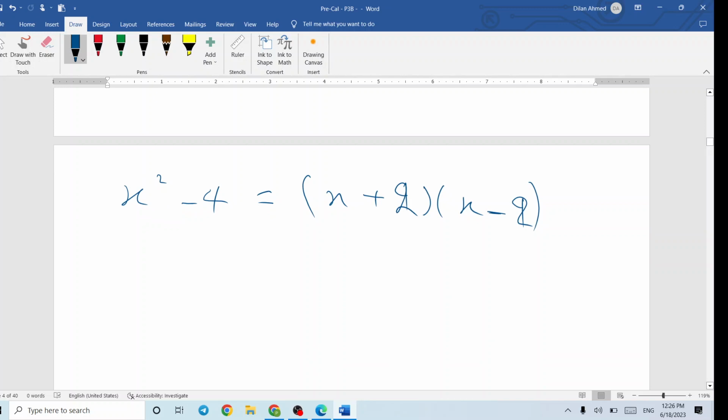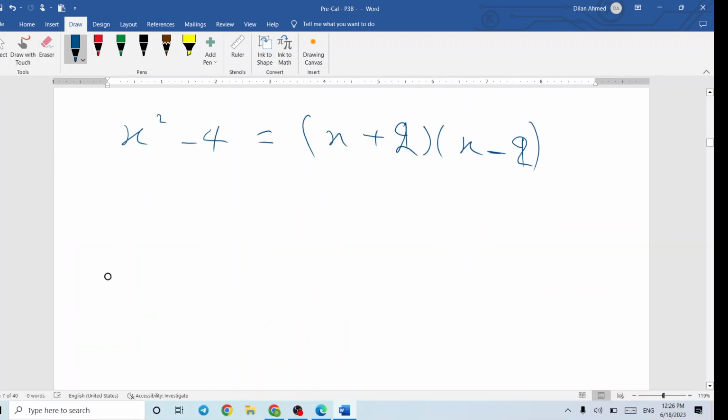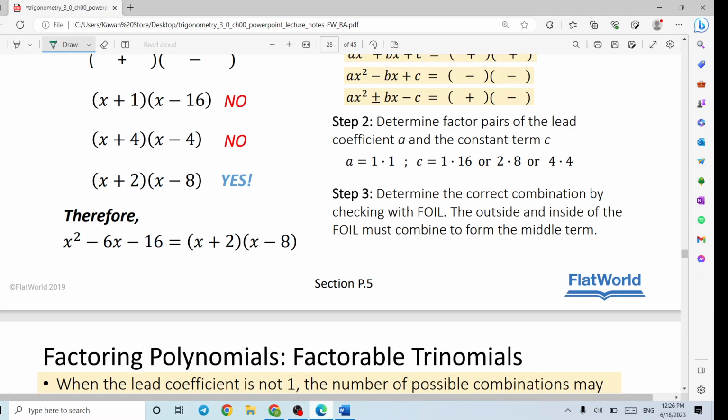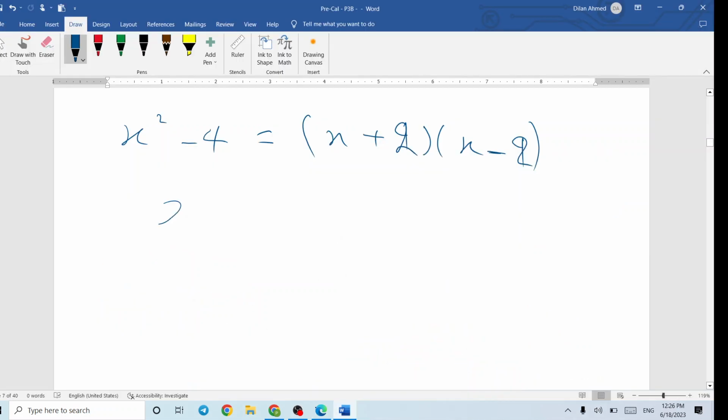Good. Now, if I have a trinomial instead of a binomial, three things like that. Like this example, look. x squared minus 6x minus 16. So how do we factor this one?